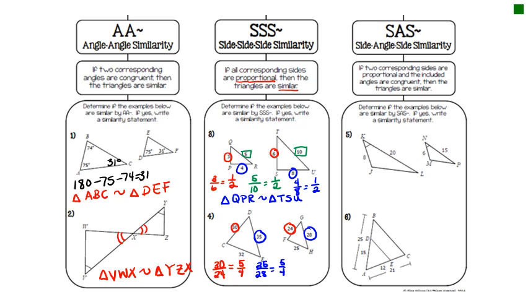And then finally, medium over medium. 32 over 25. When that reduces, it's still 32 over 25. So these are not similar. The sides were not proportional. So since those sides were not proportional, this is not a set of similar triangles.